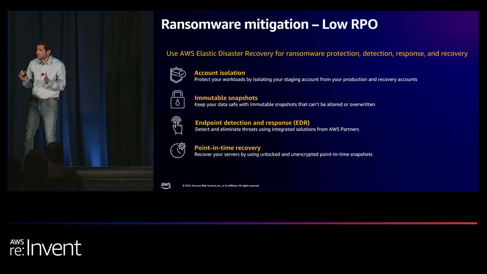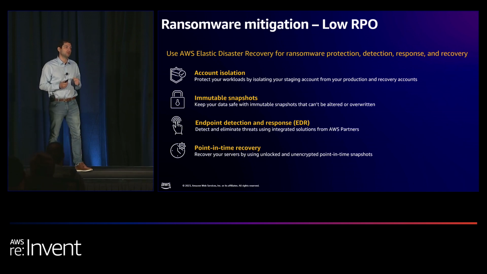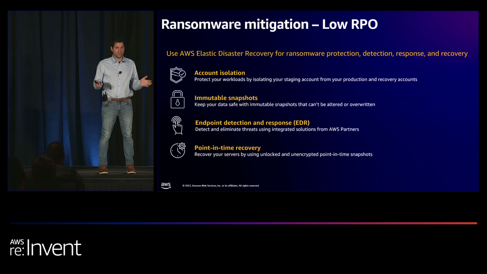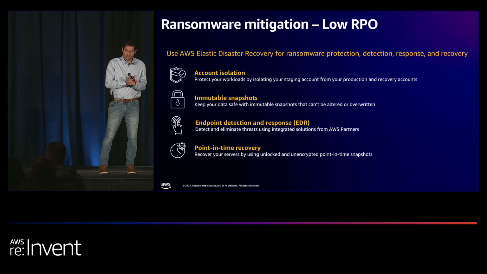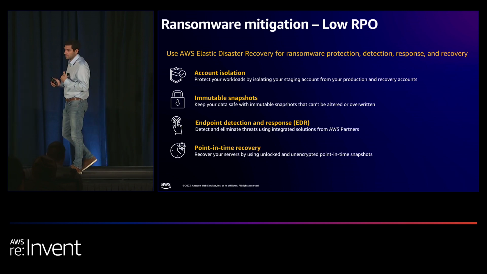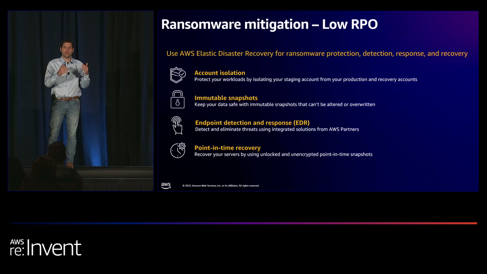So we're not only avoiding or minimizing downtime with the ability to restore, we're also going to minimize the data loss. So again, we need short point-in-time recovery. We need very fast detection, and we need that separation because we don't want to recover to a state that will be infected again in a minute.